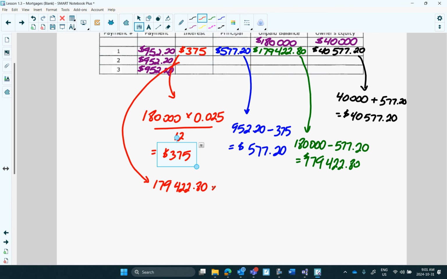I times that by the interest rate, 0.025. And to get it per month, I divide it by 12. And I get $373.80.